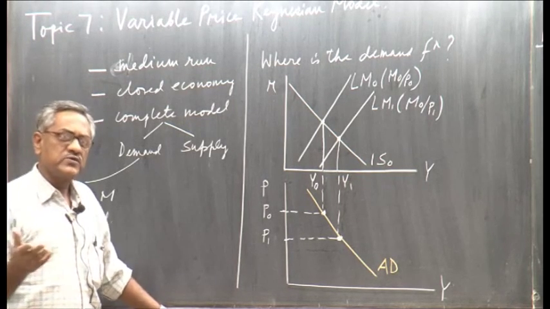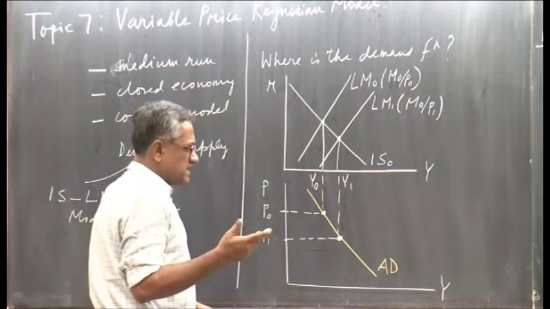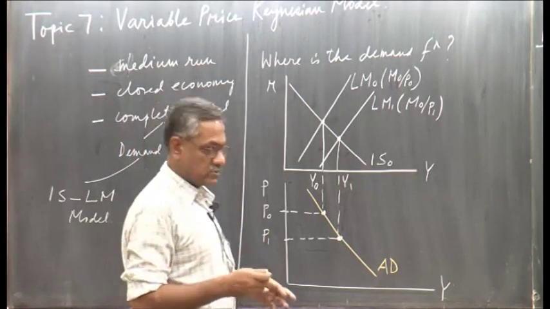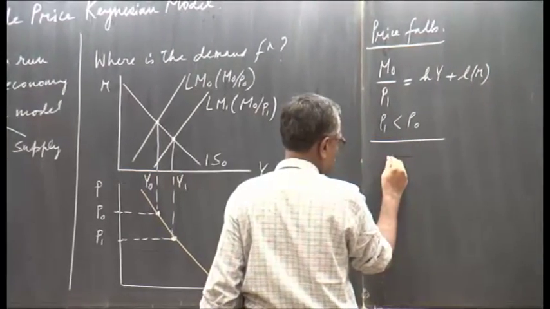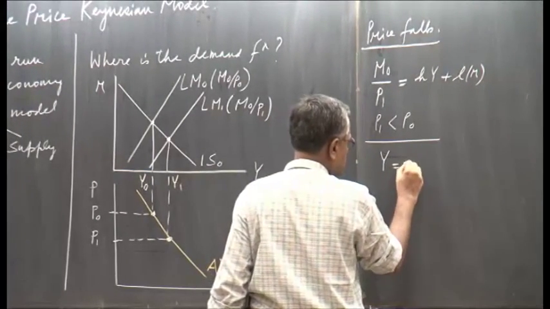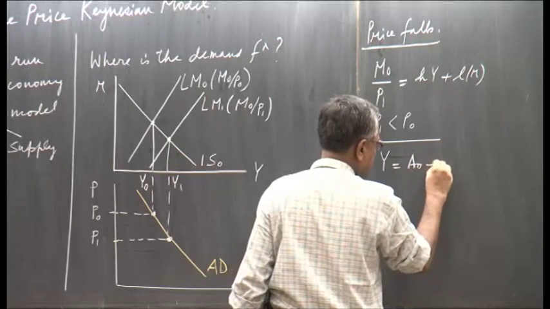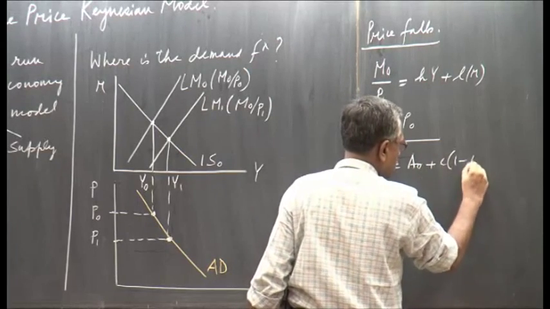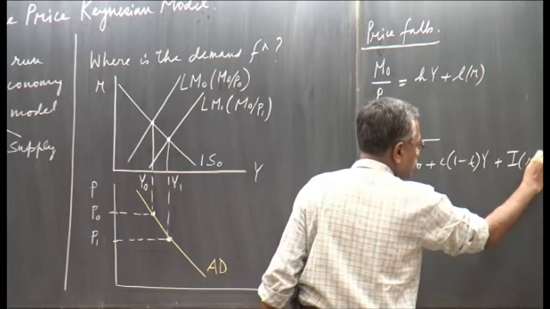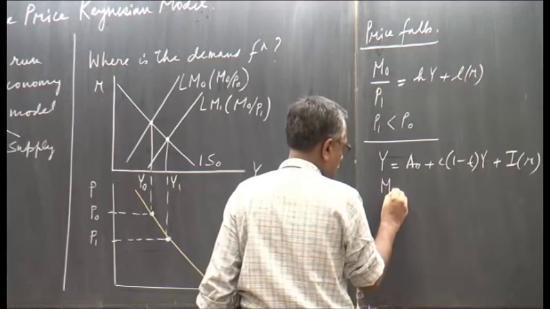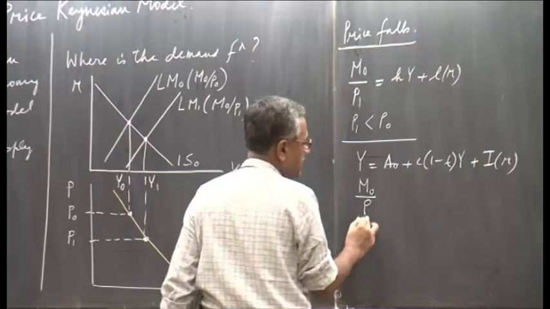Now if you are interested algebraically, the best thing would be to get the slope of the demand function. So algebraically, you write the IS and LM equations. The money supply is given, but I make P now a variable.